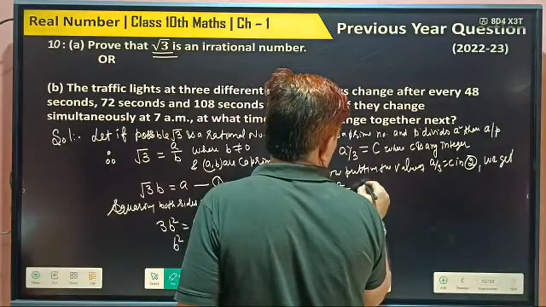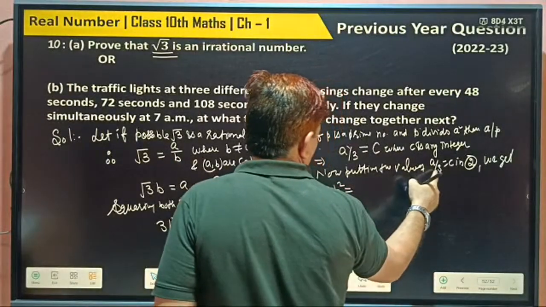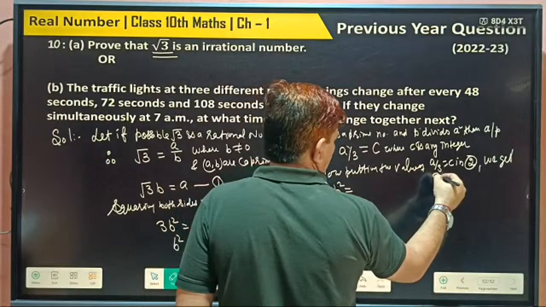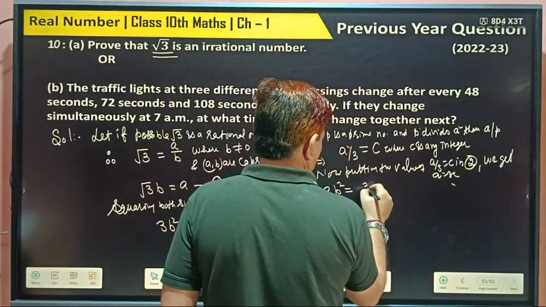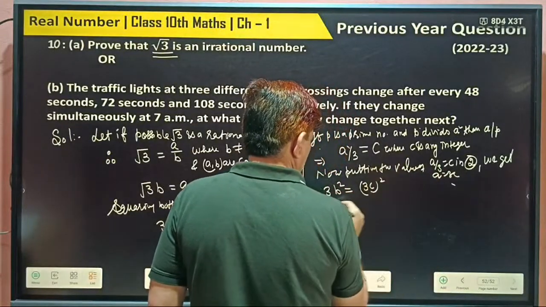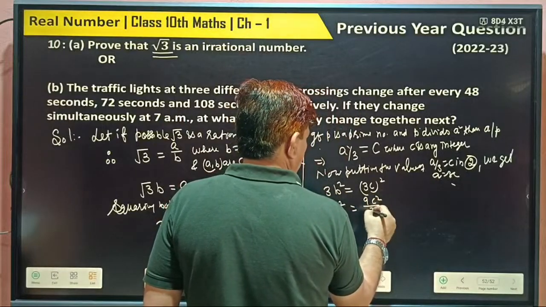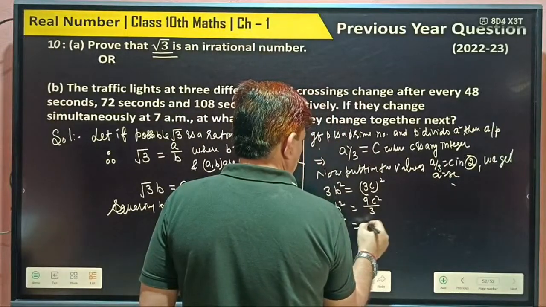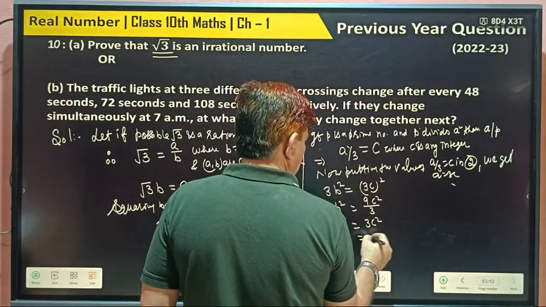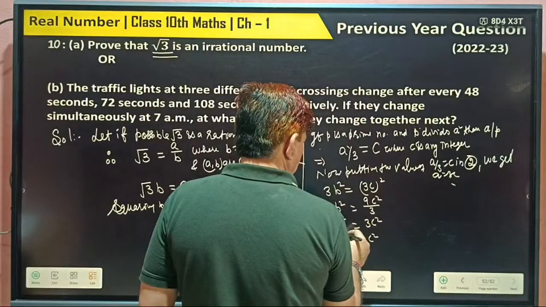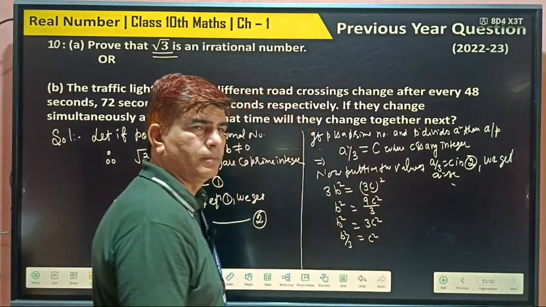A square is what? a equal to 3c, so in place of a, I have put 3c square. So b square equal to 9c square by 3. So b square is equal to 3c square, and c square is equal to b square by 3.